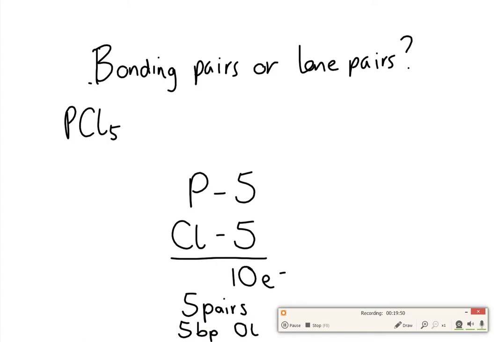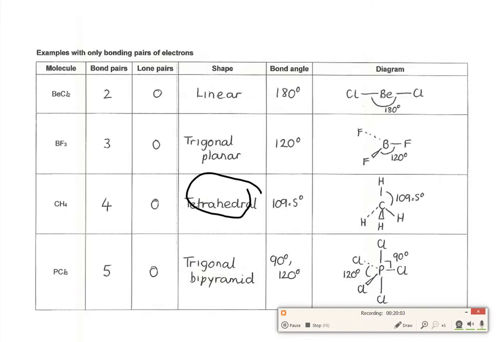Again, at this stage, I probably need to still look that up. Obviously, when it comes to the exam, these are the shapes that you kind of need to remember. So all I would do is go back to my table, 5 bond pairs, 0 lone pairs. I've got a trigonal bipyramid, and I would draw it like I would over there.